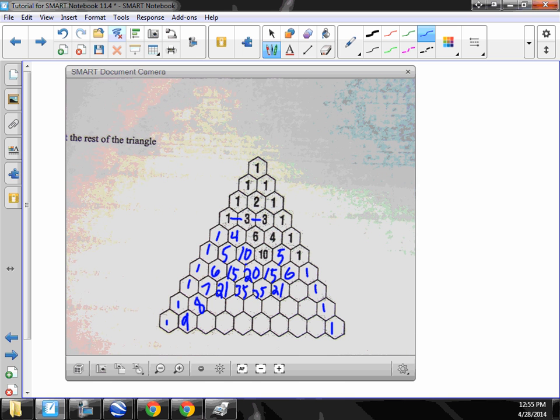35, 21, and 7. Any two numbers add to be the number below it. So 7 and 21 make 28. Well, if this square is 28, then this one has to be 28. And this is an 8. Well, that's got to be a 9. 28 and 8 is 36.